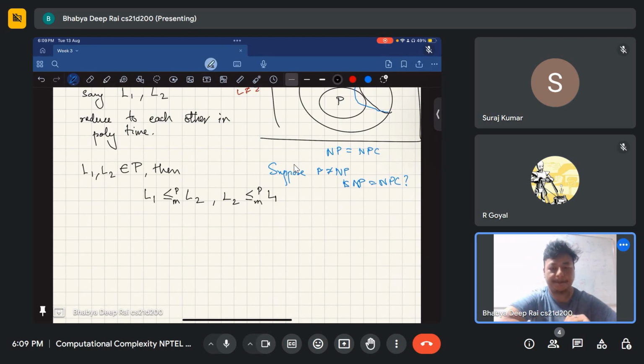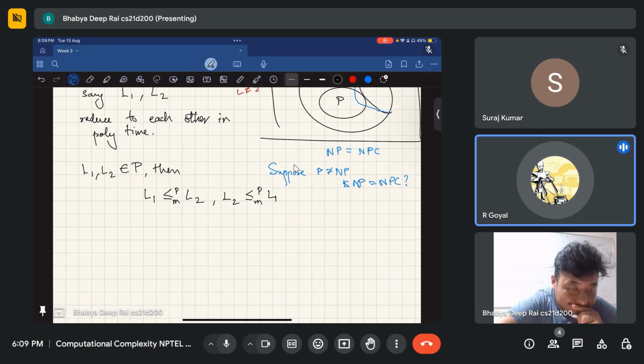Any idea why? Yes, because if L1 is getting reduced to L2, then the problem L2 is at least as hard as the problem L1.